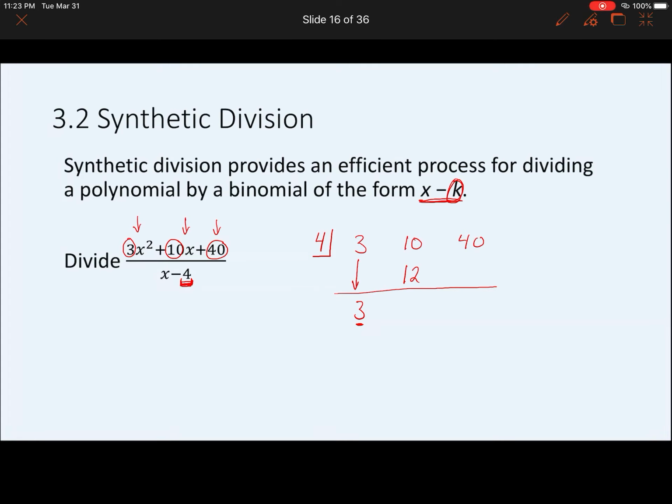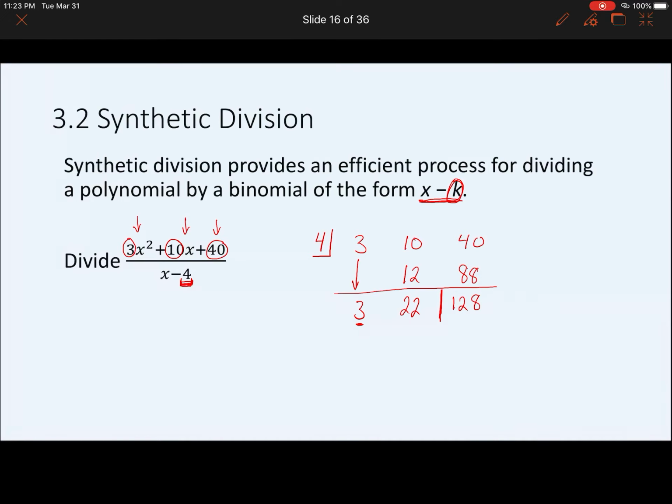And so the way that synthetic division works is we're going to start by bringing down this first number. So in this case, we're going to bring down the 3. And then we're going to multiply this 3 we brought down, this 3, times 4. So 3 times 4 is 12, and that 12 goes under the 10.